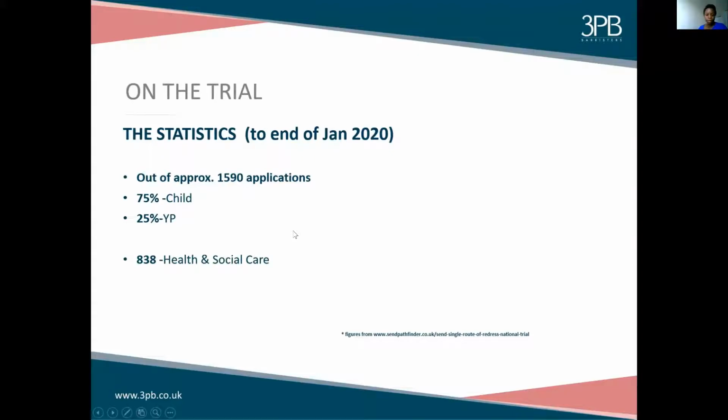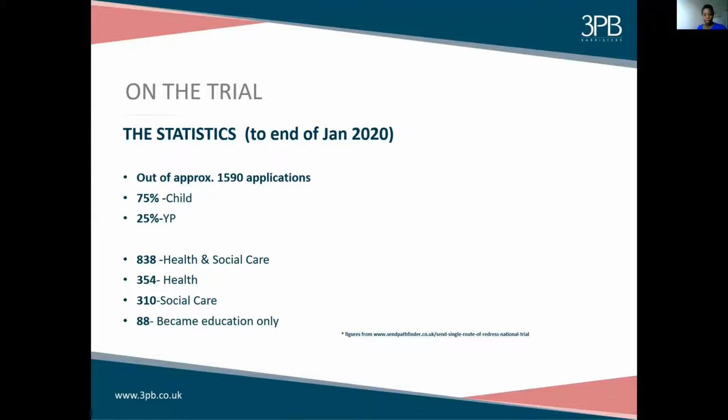Out of those, 838 dealt with health and social care, 354 dealt with just health, 310 dealt with just social care, and then 88 became education-only appeals.